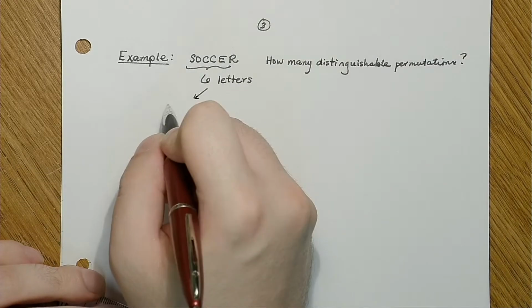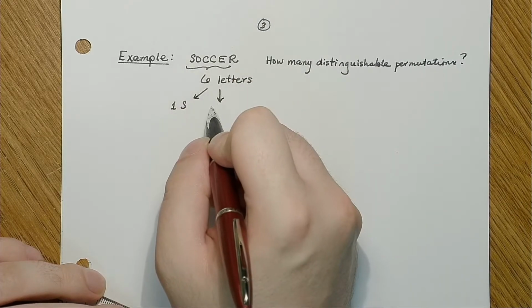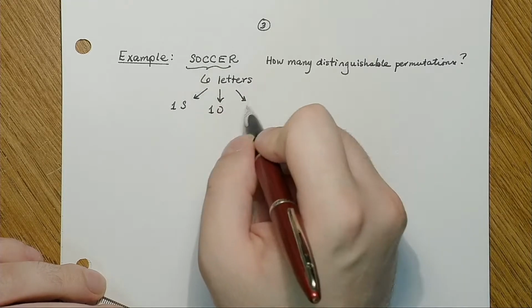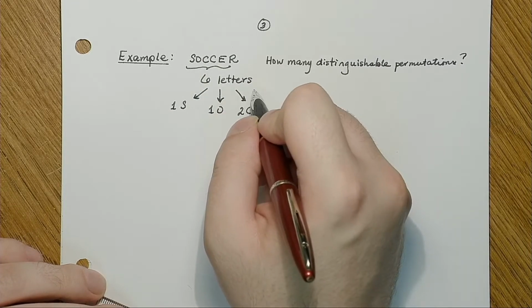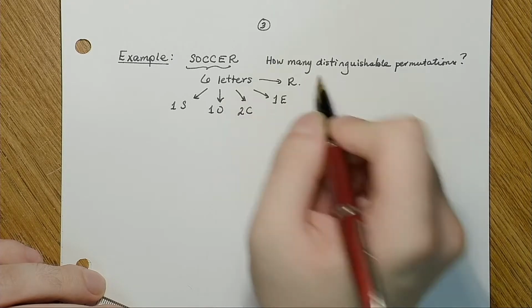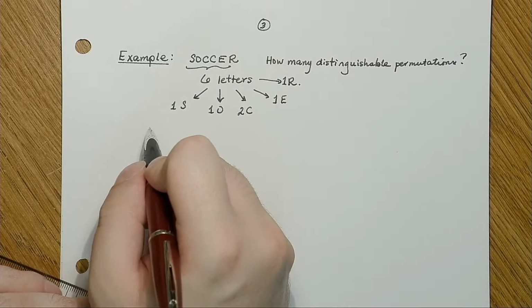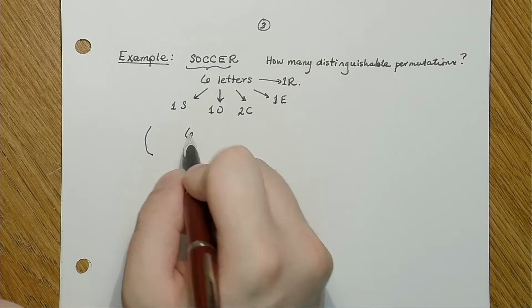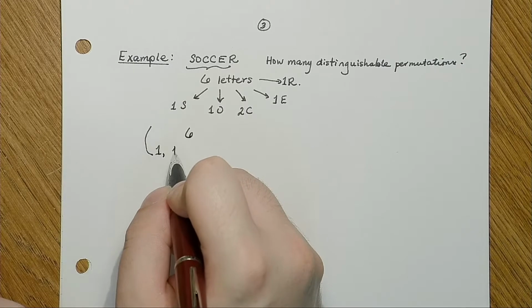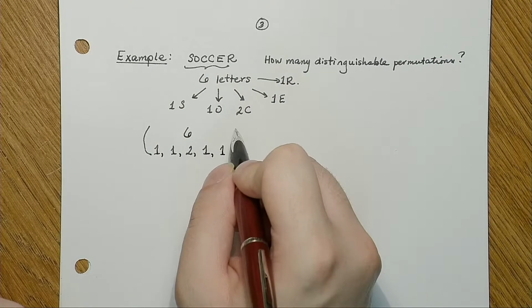And then we have one S. I have one O. 2 C's. 1 E. And 1 R. So that means that I have six letters in total.